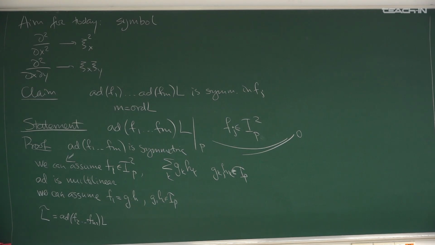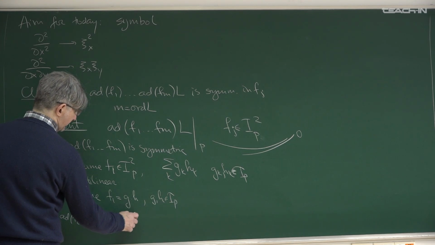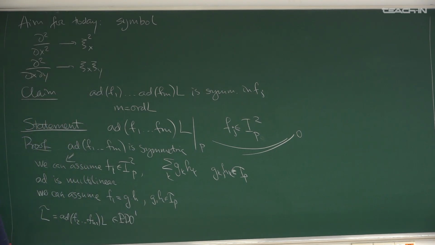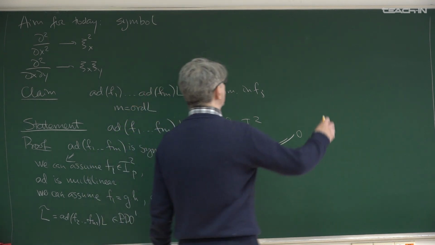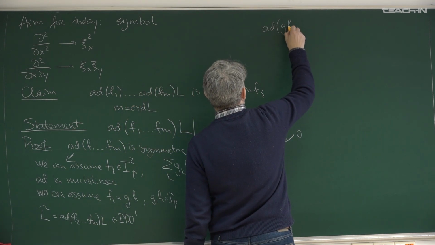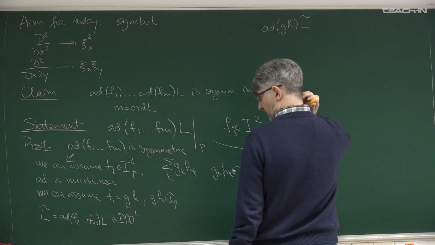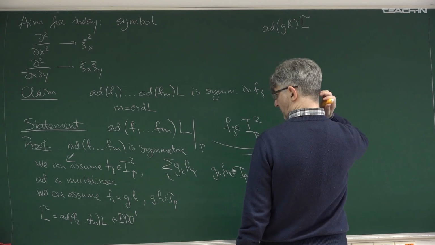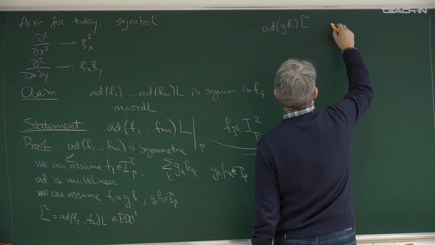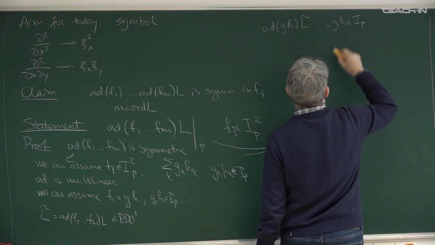Yes, this is an operator of order 1. So now the situation is very, very simple. We want to understand what we can say about this, assuming that G and H belong to this ideal.